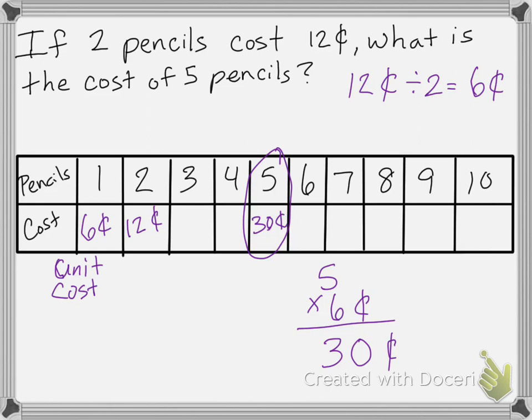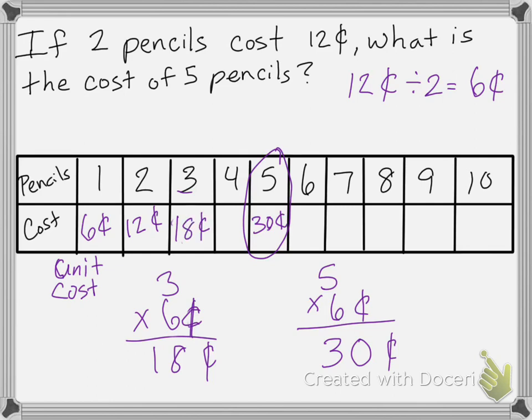So if I wanted to figure out how much 3 pencils cost, I would do 3 times 6 cents. Sorry, I did the wrong number at first. So 3 times 6 cents is 18 cents.